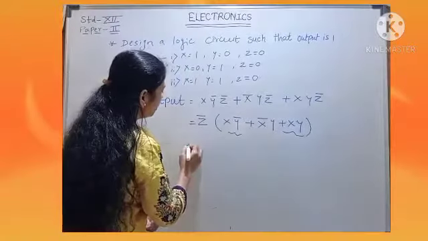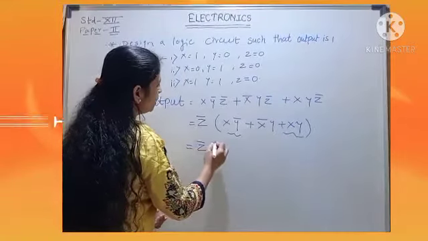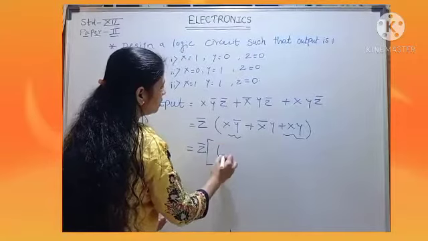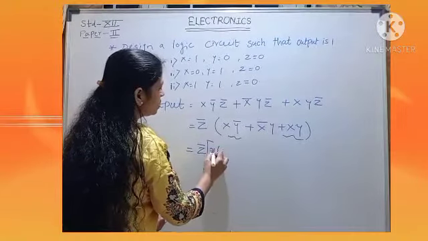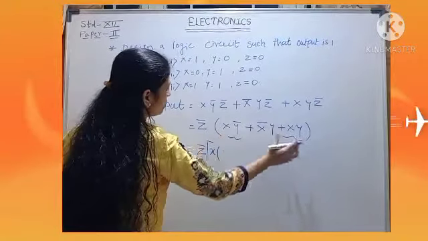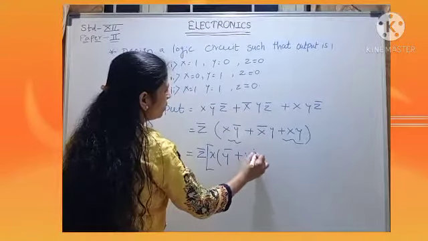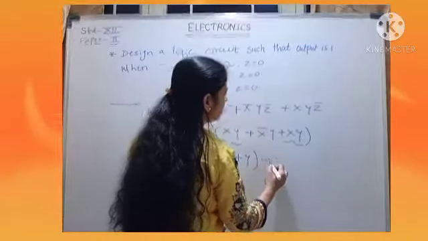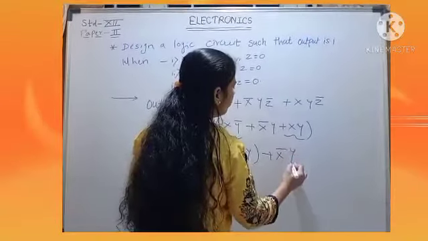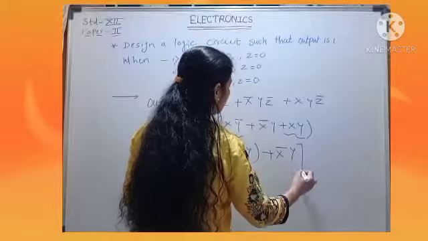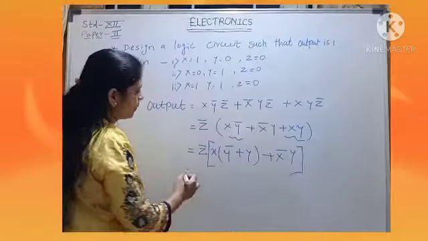So we'll take here z complement bracket x is common from this and this term. So we got here y complement plus y. Then here plus x complement y. So we got finally this.